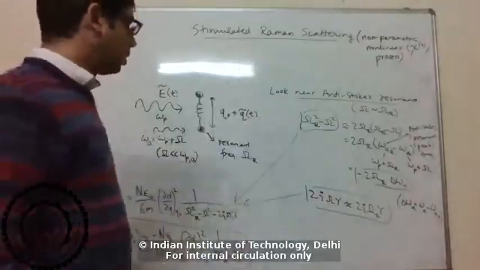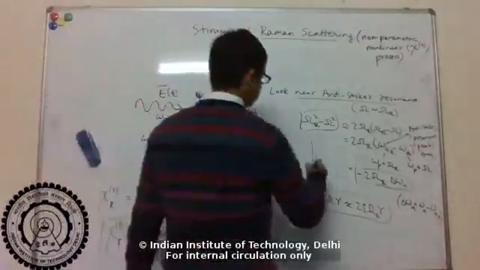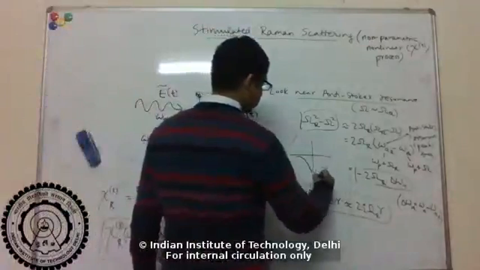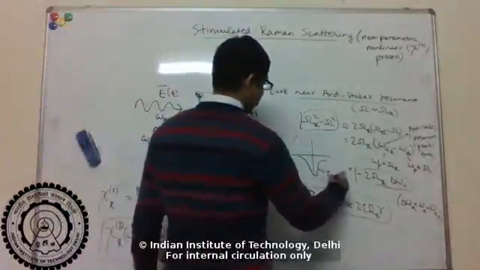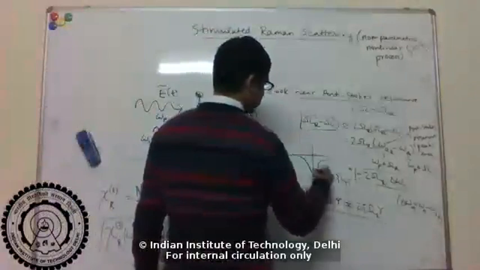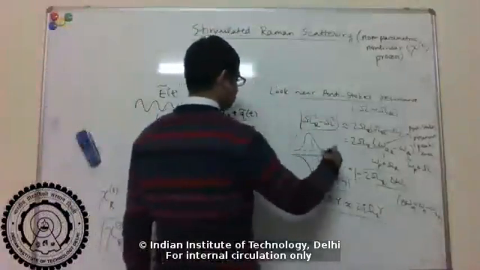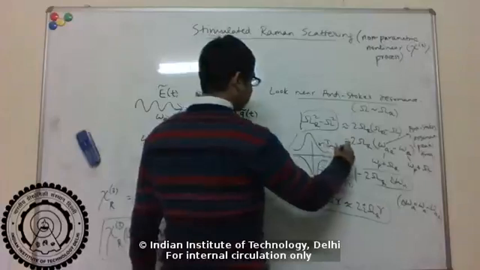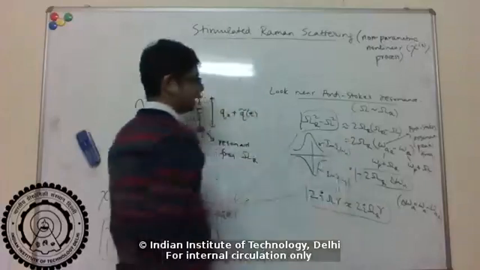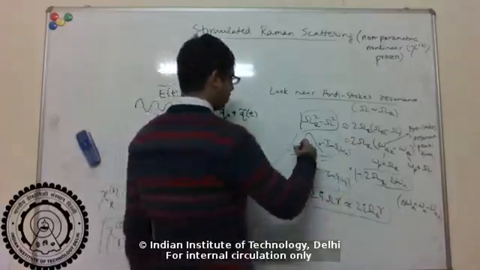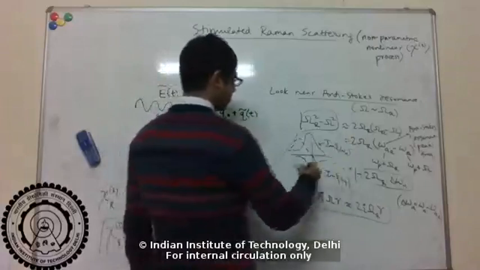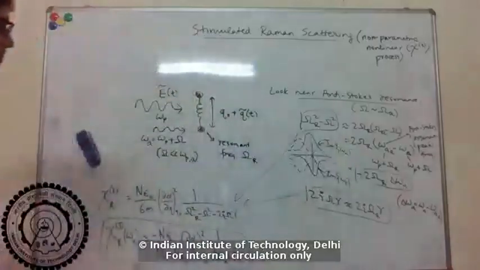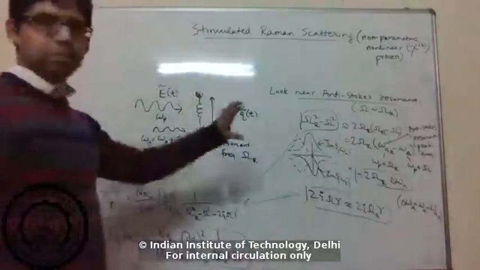So if the imaginary part at the Stokes looks like this, then at the anti-Stokes it will look like that, right? And similarly for the real part, if one looks like this, the other one looks like that. So there is a sign flip.